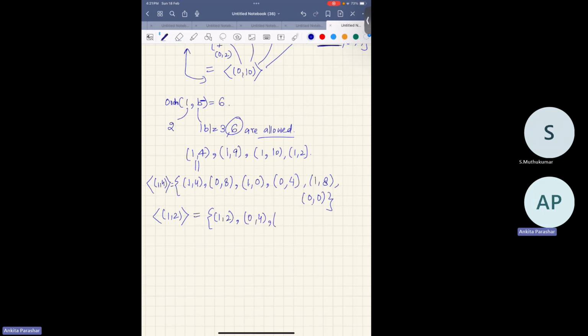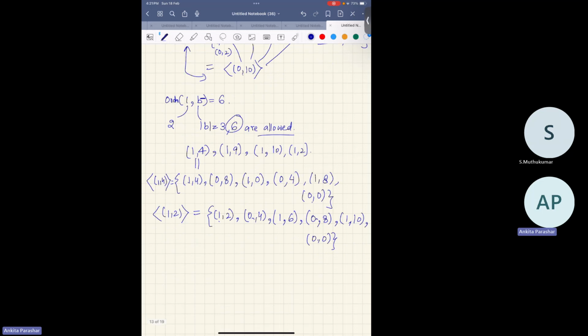Next is 1, 2. That is 1, 6. There is 1, 2, 0, 8. Then again 1, 2, this. Again 1, 2 is 0, 0. 3, 4, 5, 6. Right, this is the group generated by 1, 2.